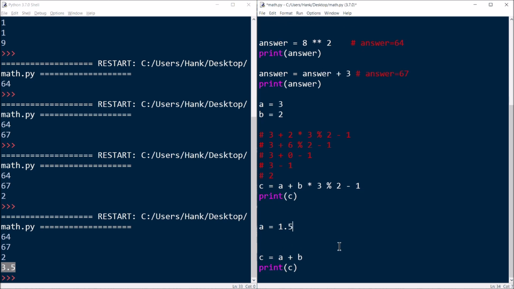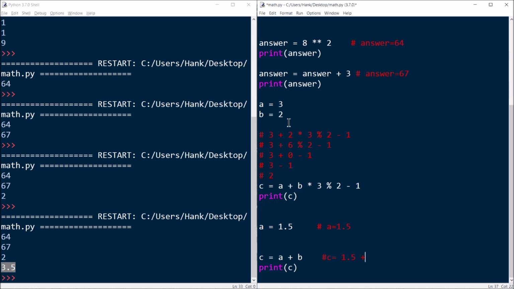Well, as soon as we have A equals 1.5, that 3 that was in A is replaced. A now has 1.5 assigned to it, okay? Now, once we get down to C equals A plus B, what we really are doing here is assigning to C, overriding that 2 that was assigned to it with A plus B. Well, what's A? 1.5.